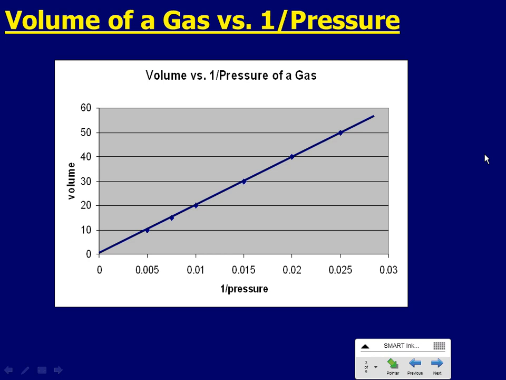But notice what I have on the x-axis. Now I have 1 over x. So what this means is y is directly proportional to 1 over x, which is what we thought it was. This is called curve straightening. Curve straightening is a method that you can use to test whether your guess was right. You guess at this, you calculate this, you graph that, and if you get it straight, your guess was right. You know it was 1 over x.